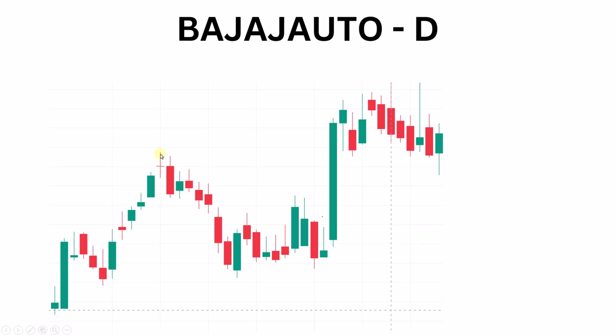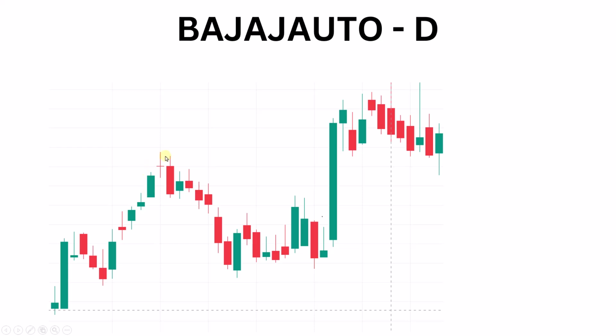So you can use doji as a standalone pattern or candle, or you can combine like this and use it for trading.